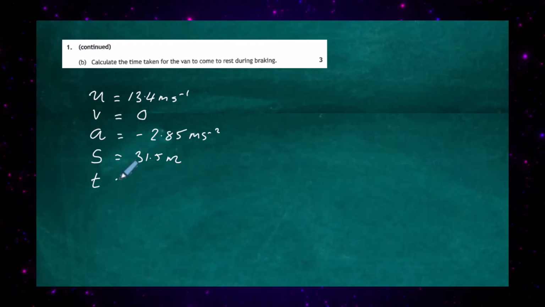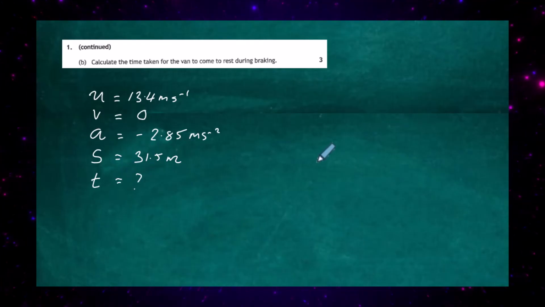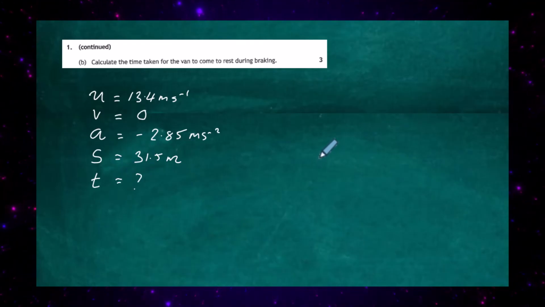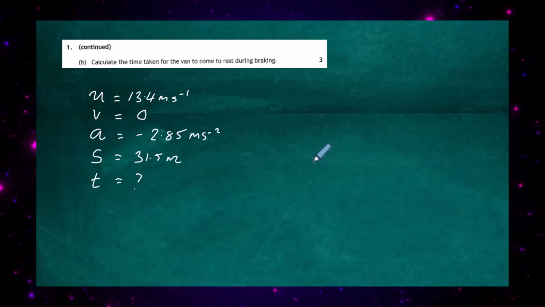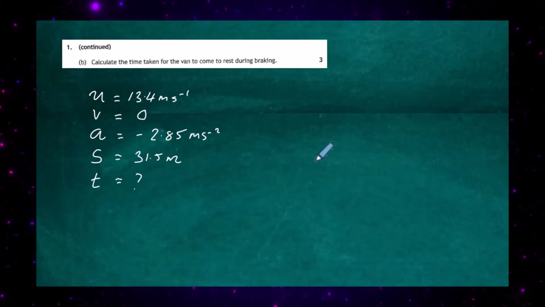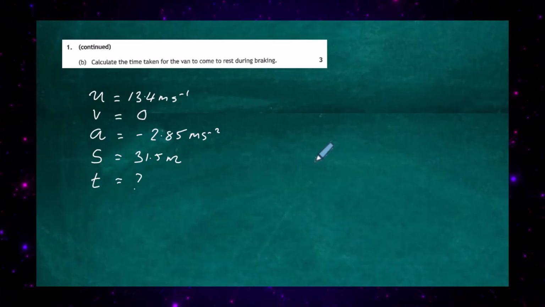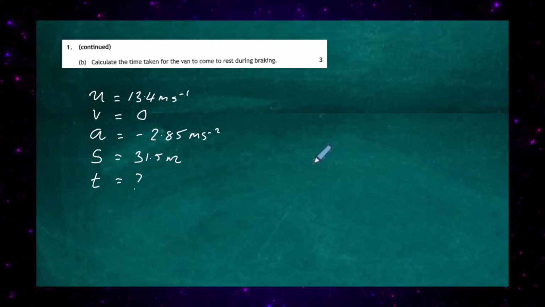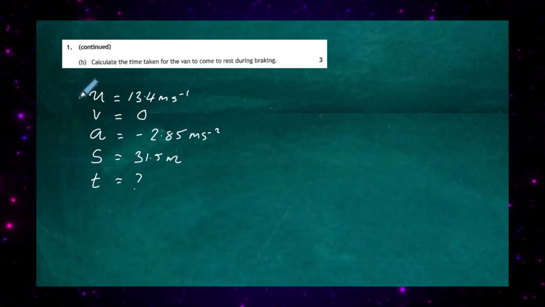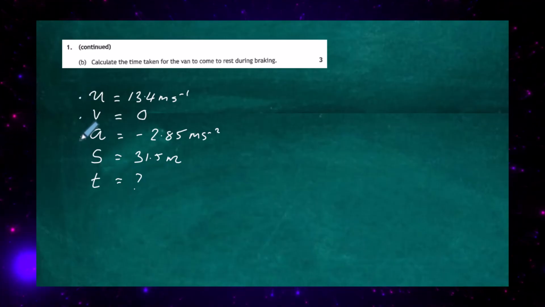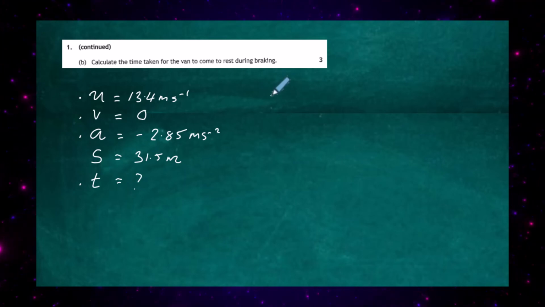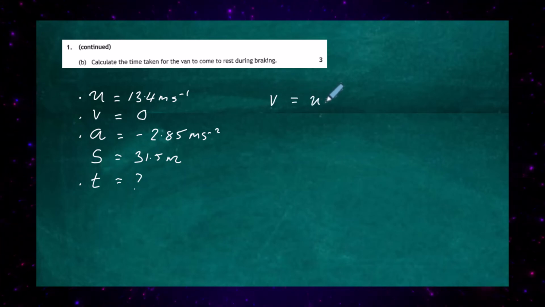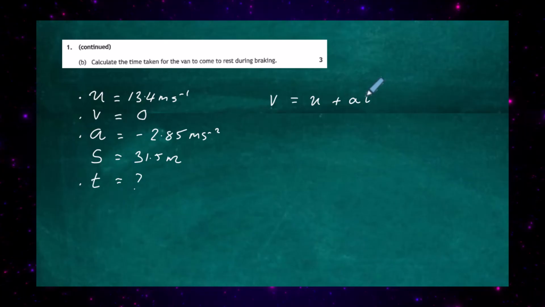But we're really after the time it takes for the van to go from 13.4 metres per second to a rest, and we know its acceleration. So we've got a choice here: we've got u, v, a, s, and we have to find t. Go for the simple route. We've got u, v and a, so why don't we use the equation v equals u plus at.